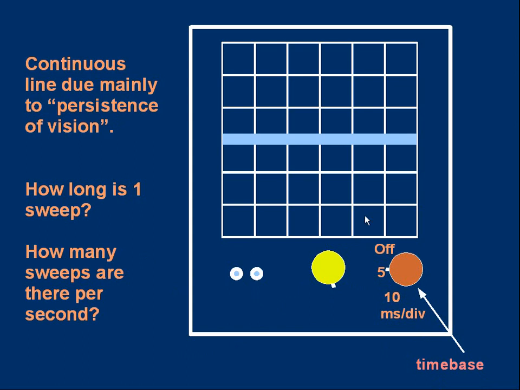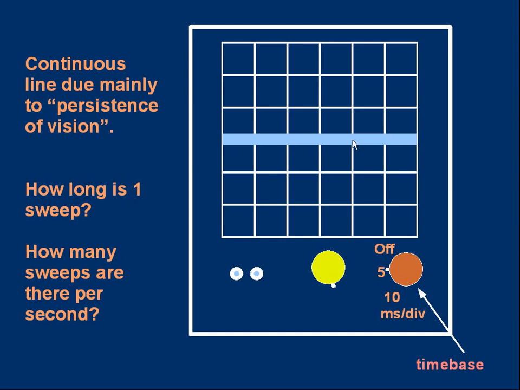What happens is you'll see a continuous line across the screen, and that's because the time-base circuit inside the oscilloscope is making the spot move across the screen at a steady speed. When the spot reaches the right side, it moves the spot instantly back and starts it moving across the screen again, and that process is repeated over and over.